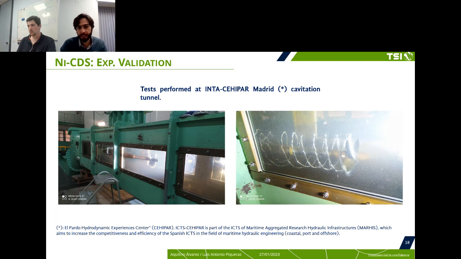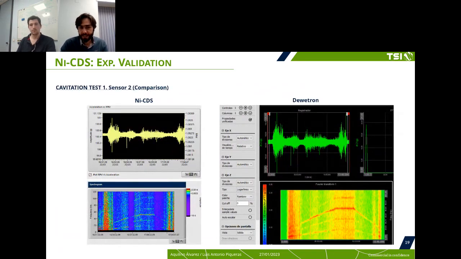Next, please. We placed the different accelerometers on different parts of the external part of the tunnel, and we compared the results we got with the different systems CEIPAR has for controlling the propeller performance.